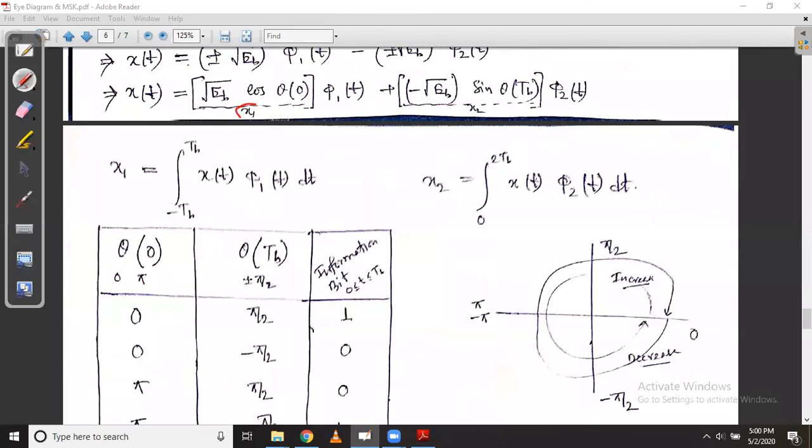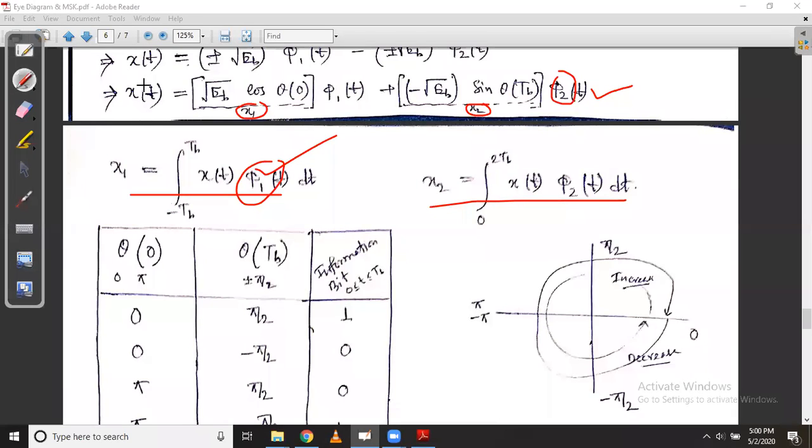So how are we getting x1(t) by this expression? How are we getting x2(t) by this expression? Whenever phi1 is multiplied with this expression, phi1 multiplied by phi2 will give you 0 because both are orthogonal to each other.